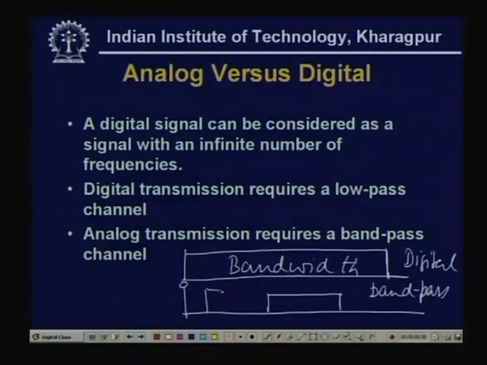On the other hand, we can send several analog signals, like another analog signal, another analog signal, in a frequency division multiplexed manner. So, this is the frequency, and several such signals can be sent through the medium. On the other hand, a digital signal cannot be sent this way.